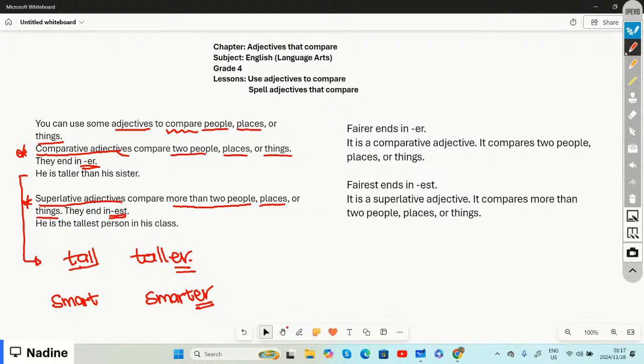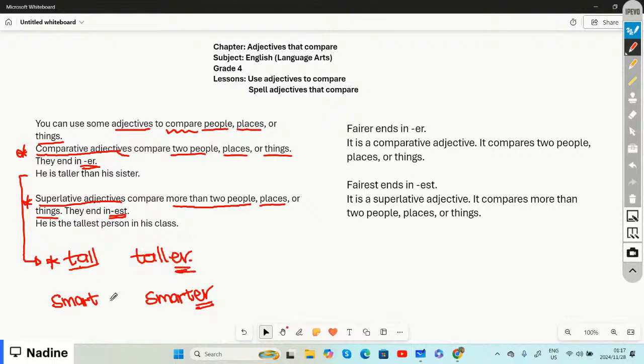If we look at an example of a superlative adjective, let's say we say that he is tall. But if we compare him to another boy or girl in class, then we can say he is taller. So Adam is tall, but if we compare Adam to Anna, then Adam is taller.